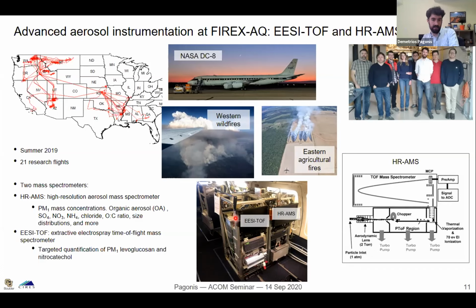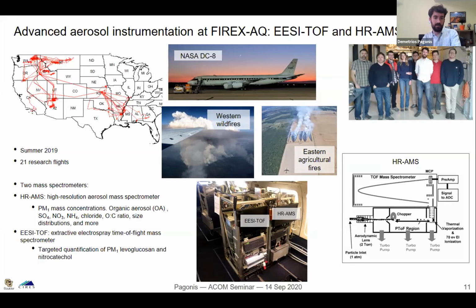And then here on the left-hand side is the extractive electrospray time-of-flight mass spectrometer that we flew for the first time during FIREX. And so the EESI data product that we've been generating is targeted quantification of both levoglucosan and nitrocatechol in PM1.